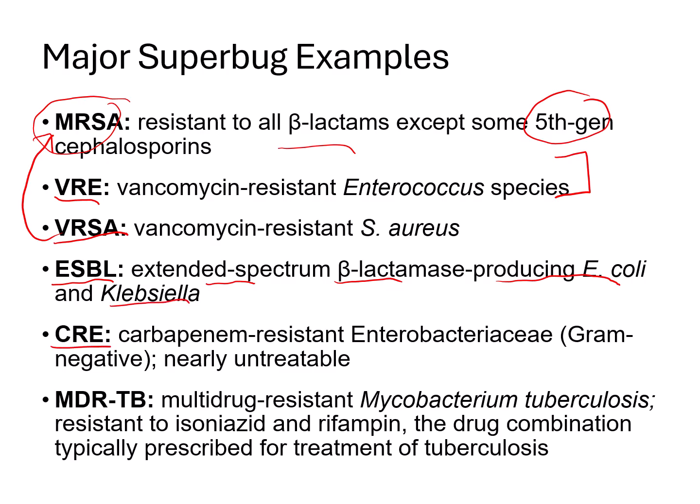And we also have CRE, carbapenem-resistant Enterobacteriaceae, so this is a family, and this includes gram-negative bacteria. Those are nearly untreatable, and there was a case study in our book as well. MDR-TB is multi-drug resistant Mycobacterium tuberculosis, which is resistant to, for instance, isoniazid and rifampin.